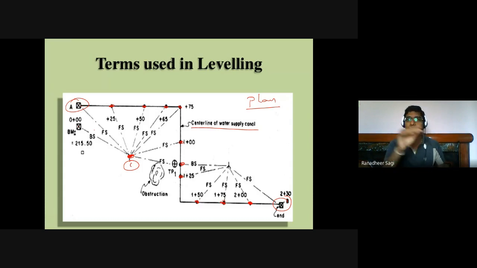Such a point or location is what we call your benchmark point. So it's a point of known elevation from the reference datum. On that benchmark point, I am going to place my leveling staff, because from the reference datum, I know the position of the benchmark.